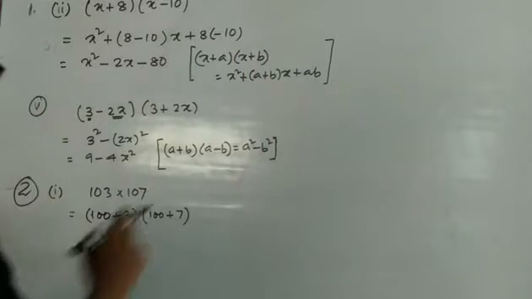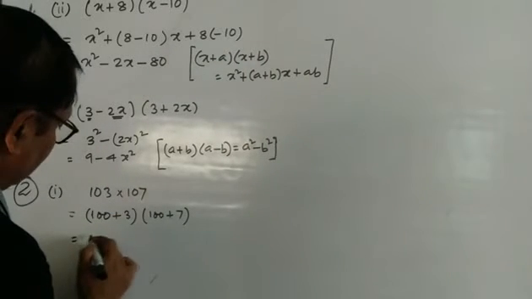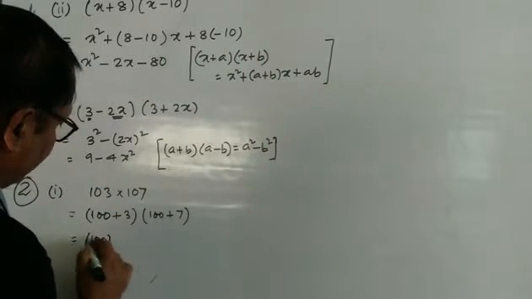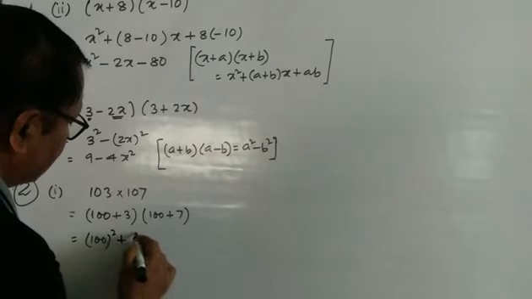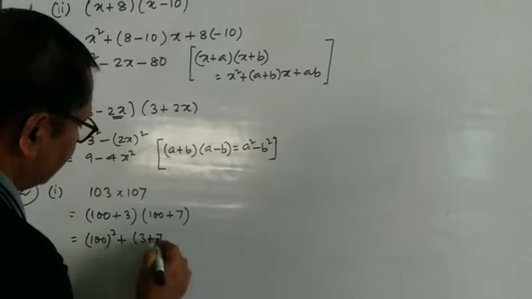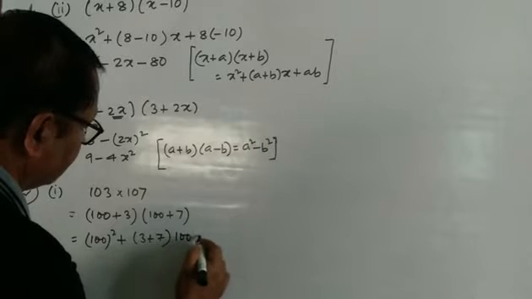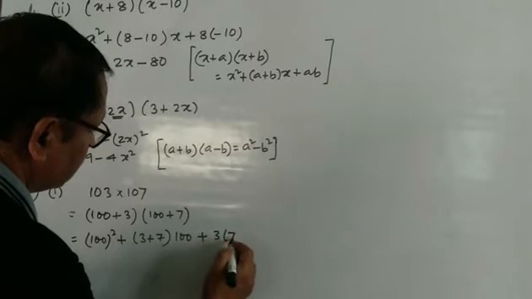Again, x plus a into x plus b. So what will it be? 100 squared plus (3 plus 7) into 100 plus 3 into 7.